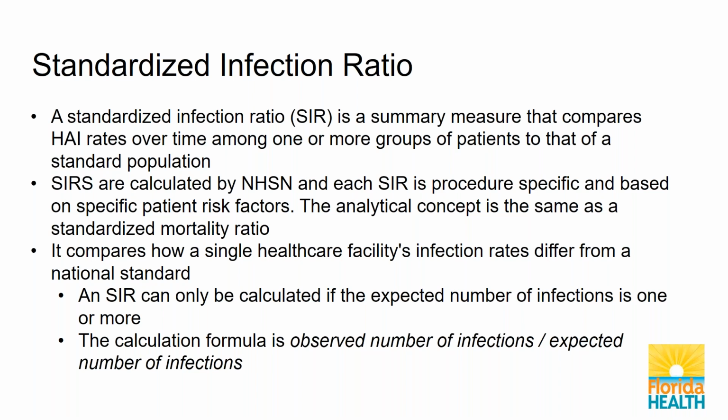So it compares how a single healthcare facility's infection rates differ from a national standard. An SIR can only be calculated if the expected number of infections is one or more, and the calculation formula is the observed number of infections divided by the expected number of infections.